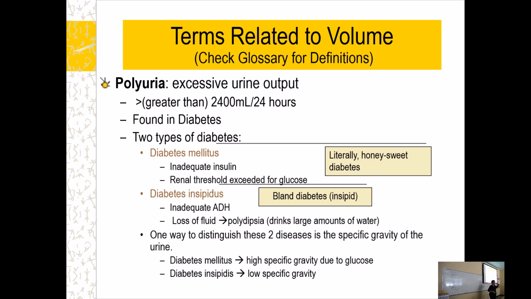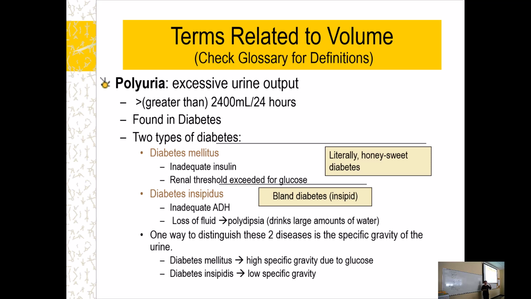If you remember, the antidiuretic hormone is what prevents us from peeing a lot, right? It helps hold some of that water back, reabsorb more of that water, and keep us hydrated. Diabetes insipidus is a situation where you don't produce the antidiuretic hormone, and therefore you're urinating a lot more.